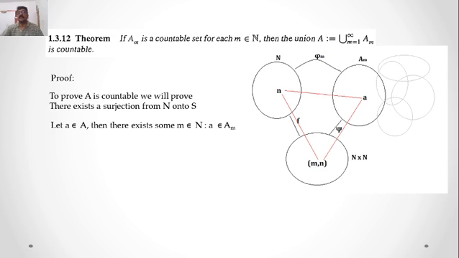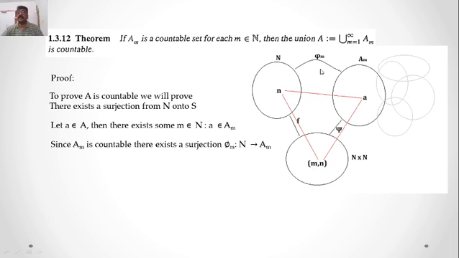Now let a be in the union of the A_m. Then there exists some m such that a is in A_m, because we have taken a in the union of A_m. Therefore, a is in A_m for some m. Now, A_m is countable.